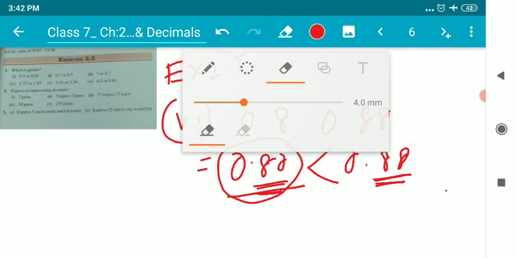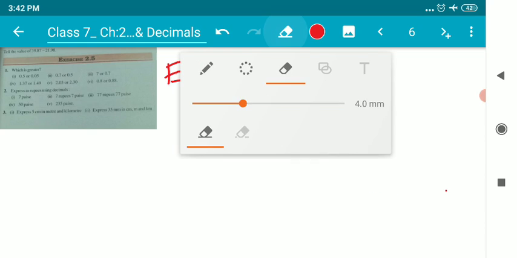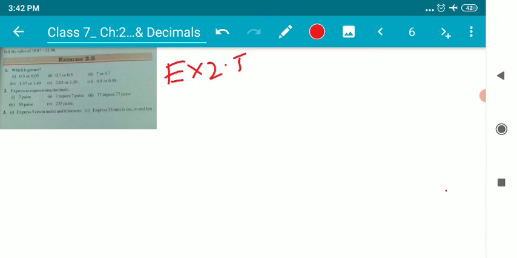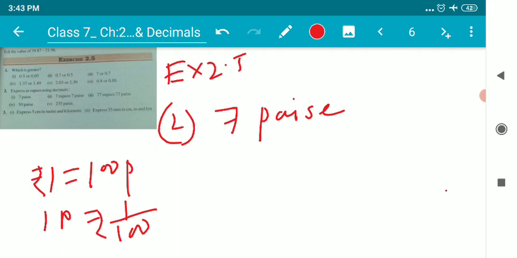Children, these things were a very easy concept. I want you to understand question number 2, the conversion. 7 paise to be converted into rupees. Children, we know that 1 rupee is equal to 100 paise, and 1 paise is equal to 1 by 100 rupee. That we know very well.